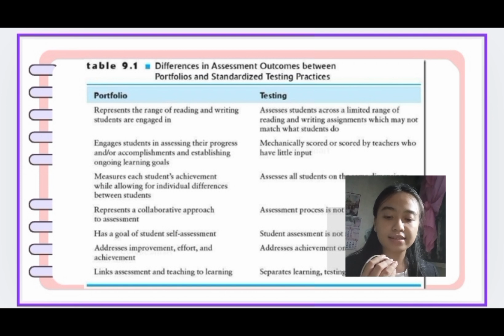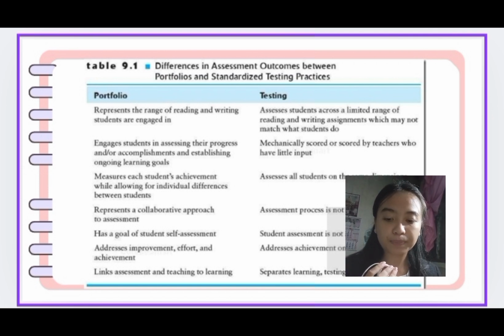And also, next, a portfolio measures each student's achievements while allowing for individual differences between students, while testing assesses all students on the same dimensions. So a portfolio values individuality, meaning students are assessed based on their own unique strengths and efforts, while in testing, all students are judged by the same criteria without considering their differences and their learning styles.